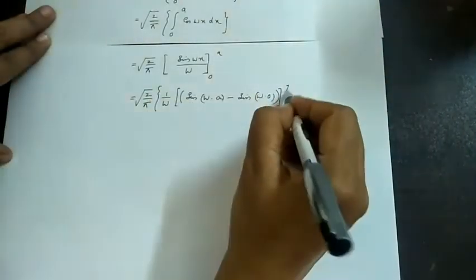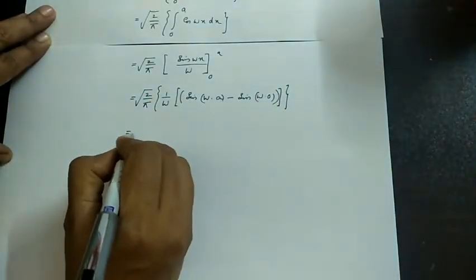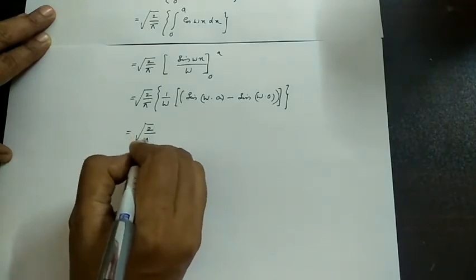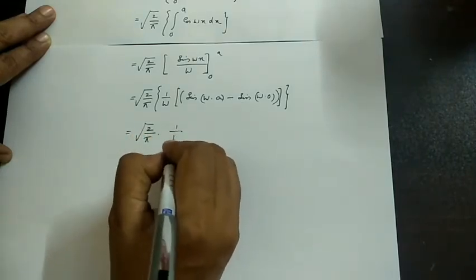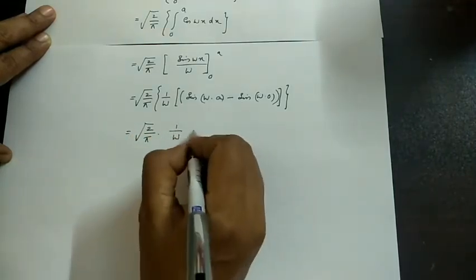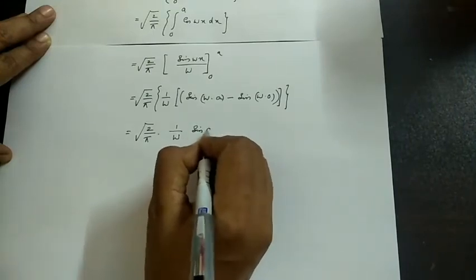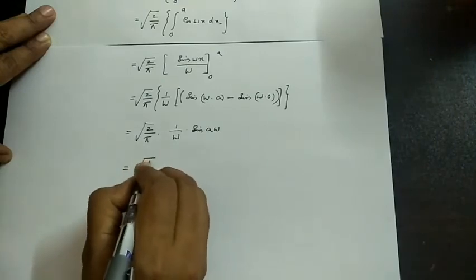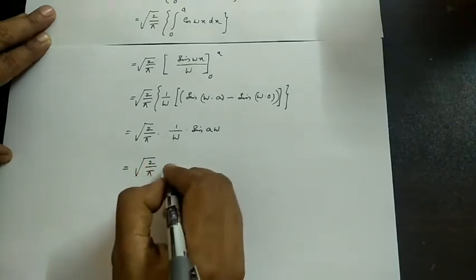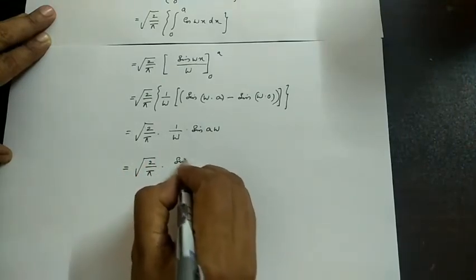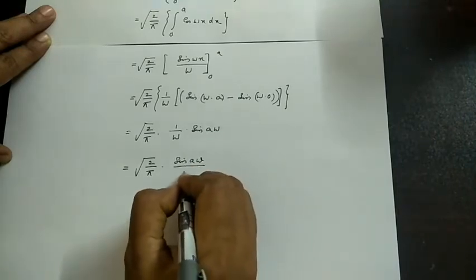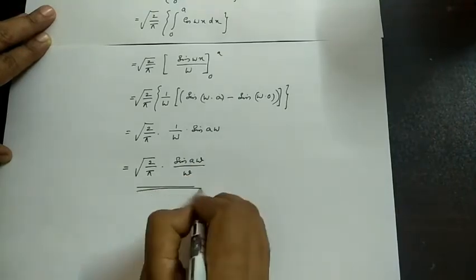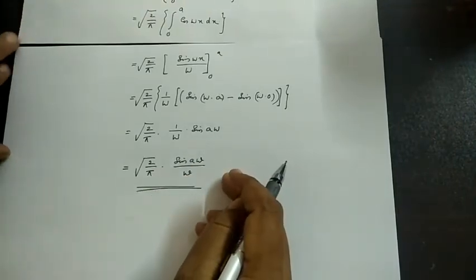Root 2 by pi is a constant term for both the terms. For root 2 by pi into 1 by omega into the bracket we have sin a omega. Or we can write this as root 2 by pi into sin a omega by omega. That is the Fourier cosine transform.